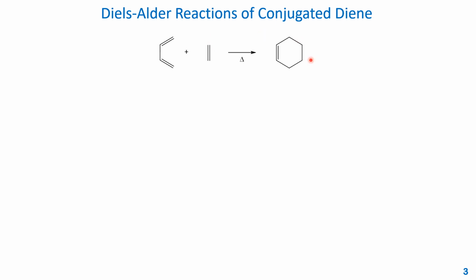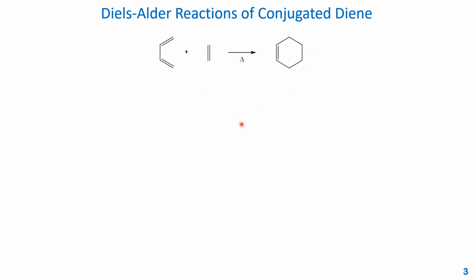So the product usually is a cyclic product. If the dienophile is an alkene, then the product will be cyclohexene. If the dienophile is an alkyne, then the product should be 1,4-cyclohexadiene.